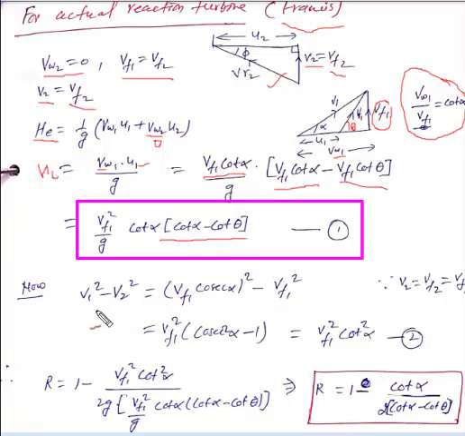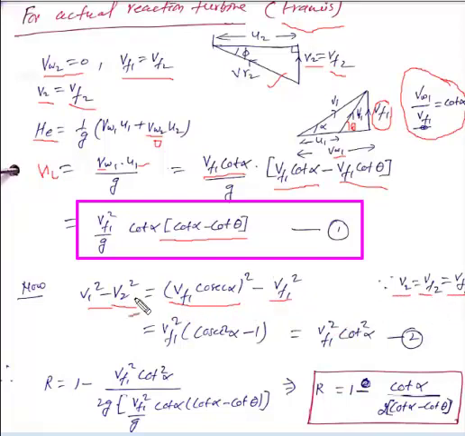Now V1 square minus V2 square will be equal to, from the triangle, V1 is equal to Vf1 cosec alpha, whole square, minus, in place of V2, Vf1 square, since V2 is equal to Vf2 is equal to Vf1.